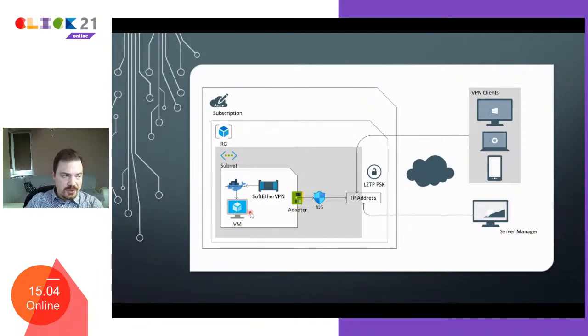Once again, the virtual machine with Docker inside and SoftEther VPN. But there is a bit of a challenge to have a virtual machine with pre-installed Docker and the container running. For this purpose, I will use the Azure Virtual Machine extension. I will show you in a second.